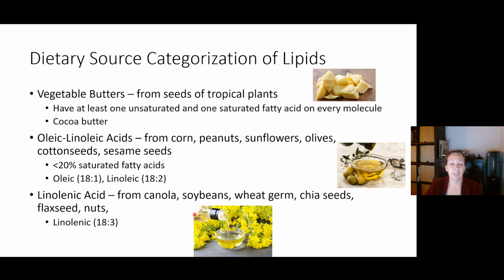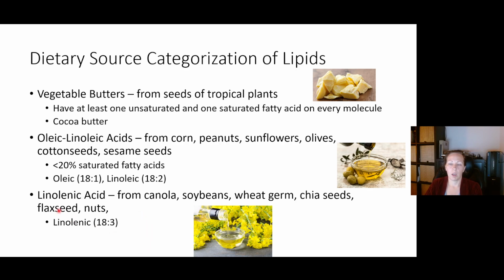Linolenic acid is abundant in canola, which is basically a crop that's grown just for canola oil. It's also known as rapeseed, which is not the most attractive name, so it got rebranded and it's called canola. And also high in soybeans, wheat germ, chia, flaxseed, nuts.